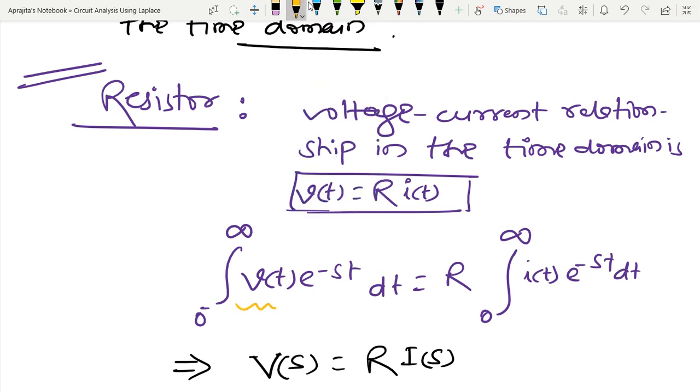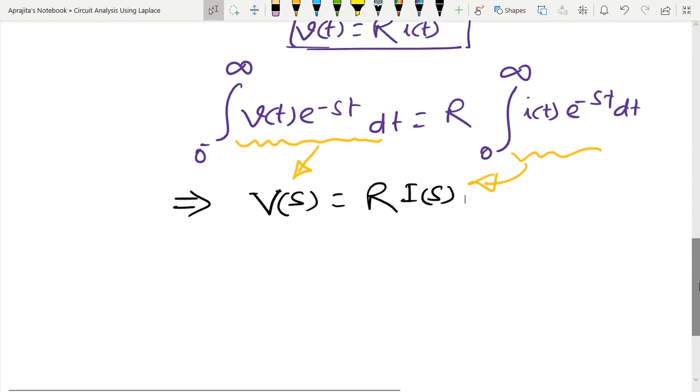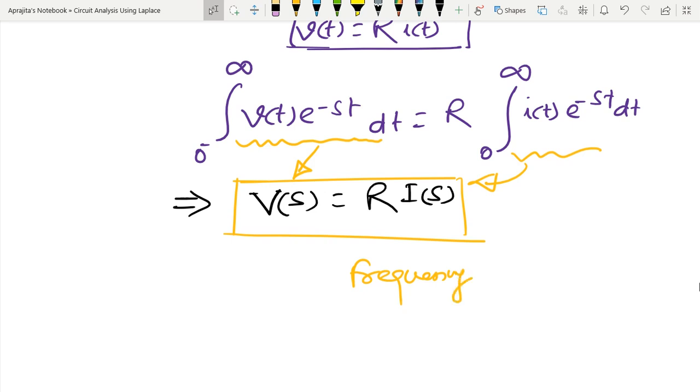This whole term is the Laplace transform, represented like this, and this whole term is represented like this. So the above relation in time domain now becomes this relation in the frequency domain, or you can also say the Laplace domain, both are the same.